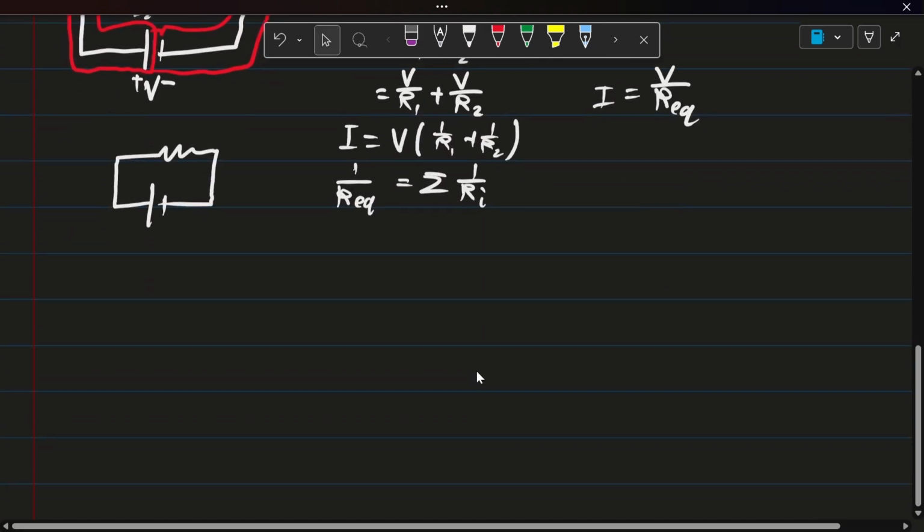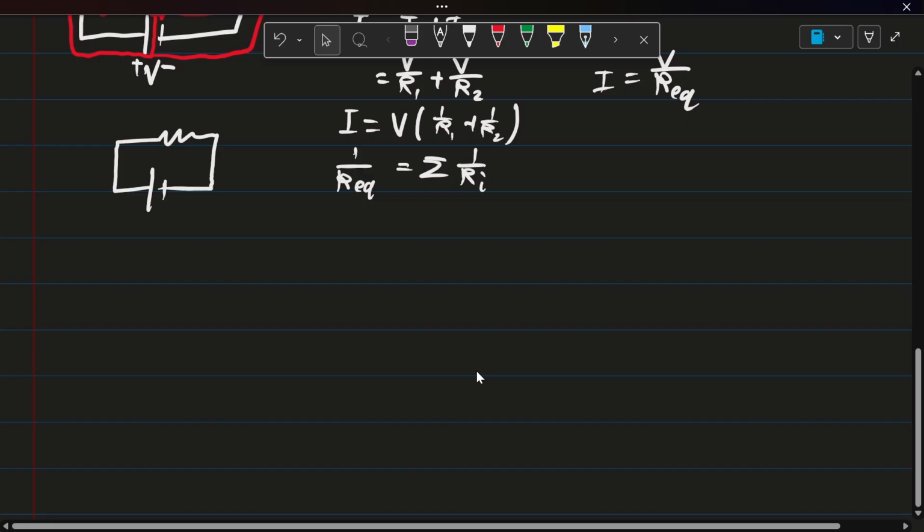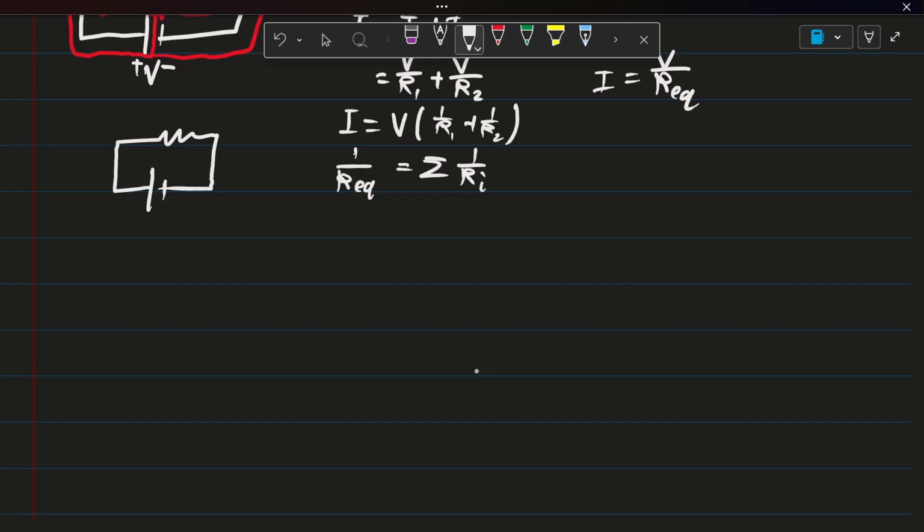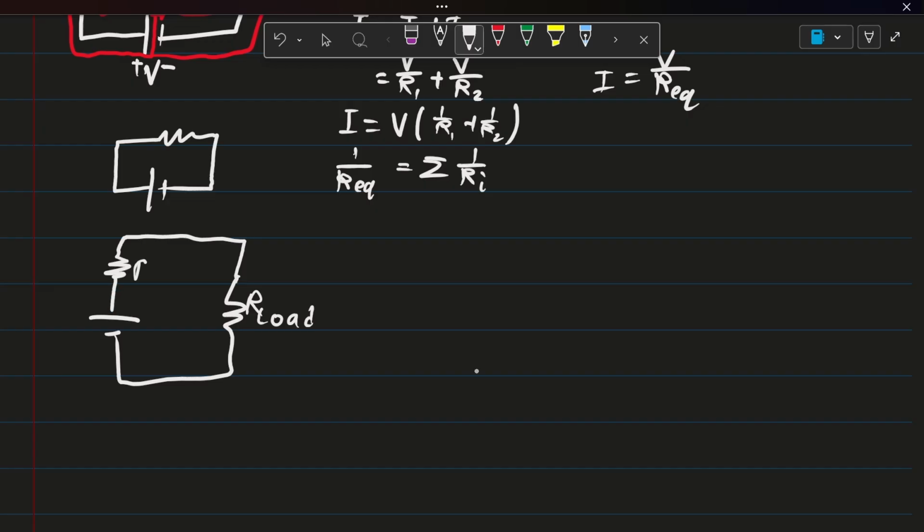So, like I mentioned last time, I want to discuss the battery itself. The best way for me to describe a battery is that you would have an EMF source, and then this is the load, the R load. And here I will also introduce another resistor, which is the internal resistance.